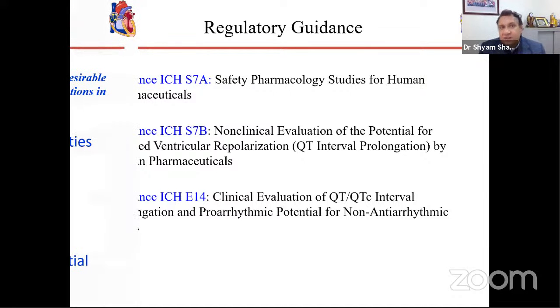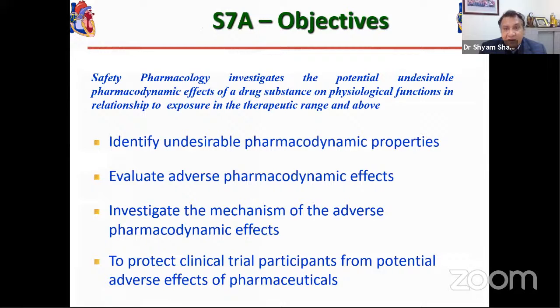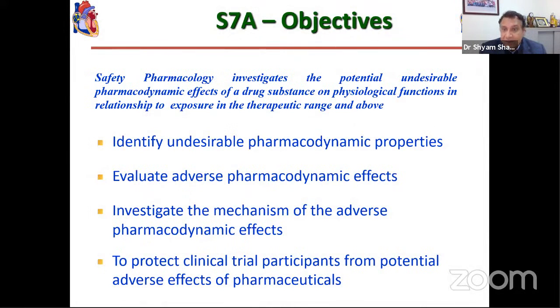The objectives of these guidelines are to investigate undesirable pharmacodynamic effects of any new chemical entity, evaluate adverse pharmacodynamic effects, and investigate their mechanism. The major objective is to protect clinical trial patients from potential adverse effects of pharmaceuticals.